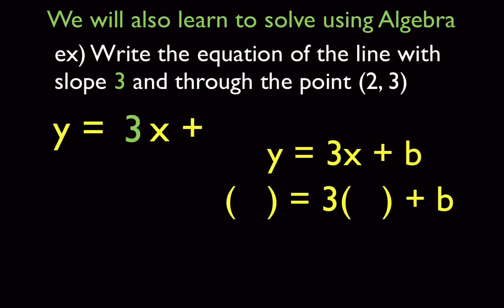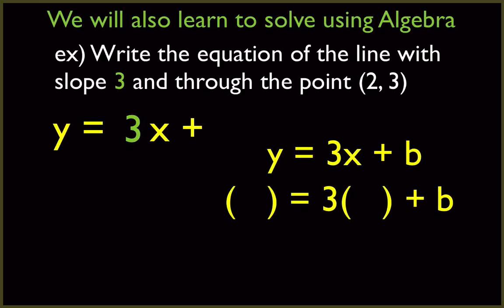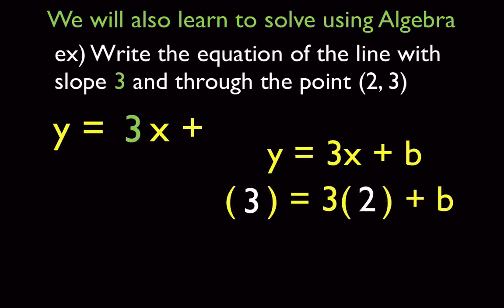Well, my x is 2 and my y is 3. A very common mistake here is for people to put the 2 and the 3 in the same order as they are up there. But remember, this is x and this is y. You have to make sure you put the correct ones in the correct places. That's really the hardest part of this, making sure you set it up correctly.